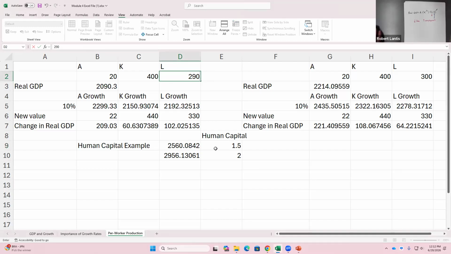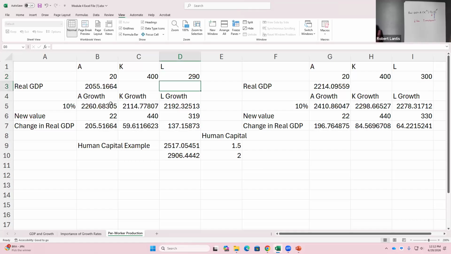So I'm seeing labor decrease, but here I'm making higher levels of human capital investment, something greater than 1. Well, there we see, okay, as long as I have human capital investments, even though labor went down, I can still see these real GDP increases.